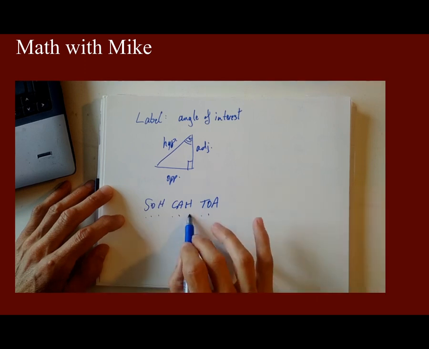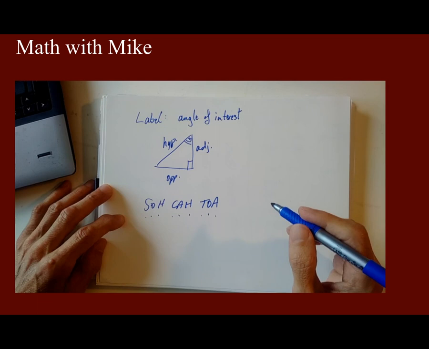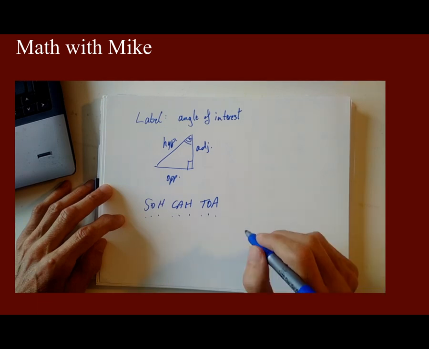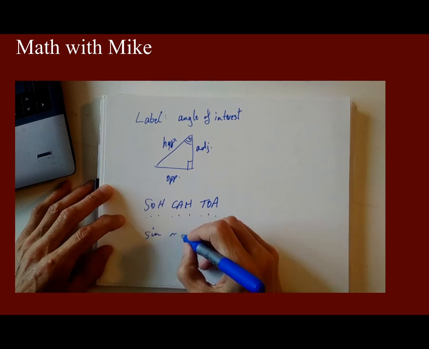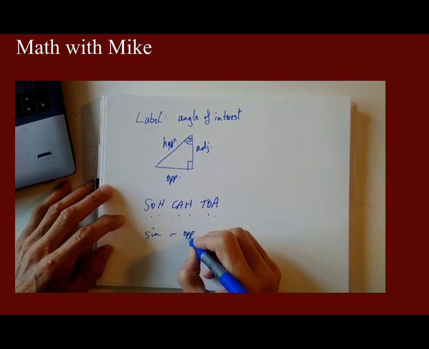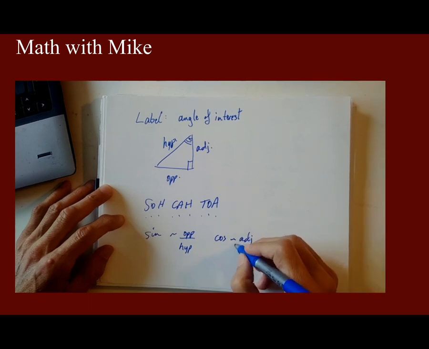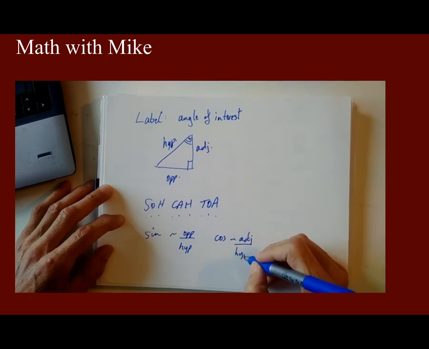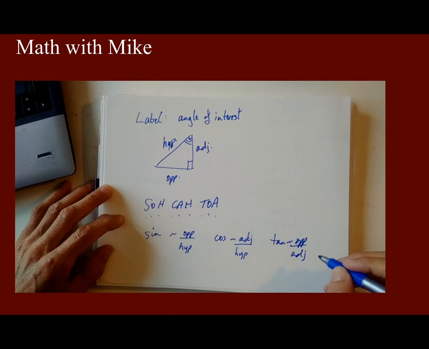And then the third letter describes what side is on the bottom. From this we get sine. It's going to be the name for opposite over hypotenuse. Cosine is going to be the name for adjacent over hypotenuse. Tangent is the name for opposite over adjacent.